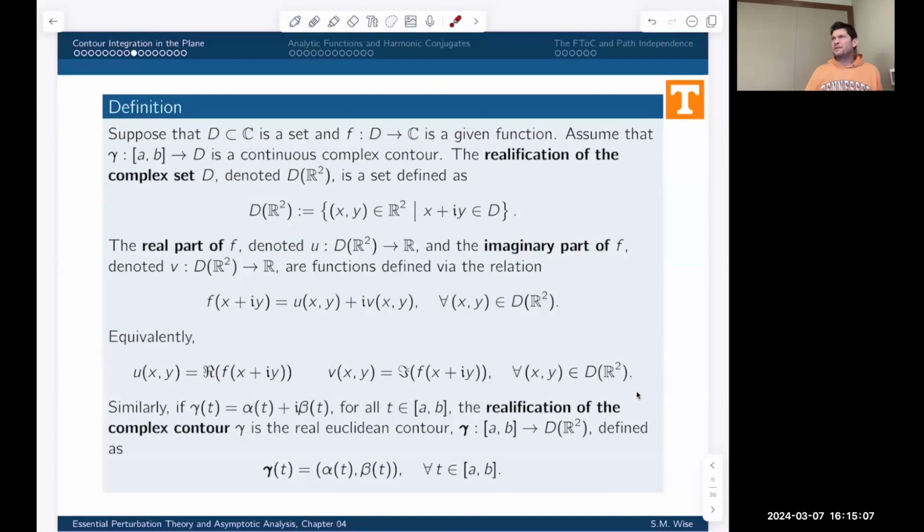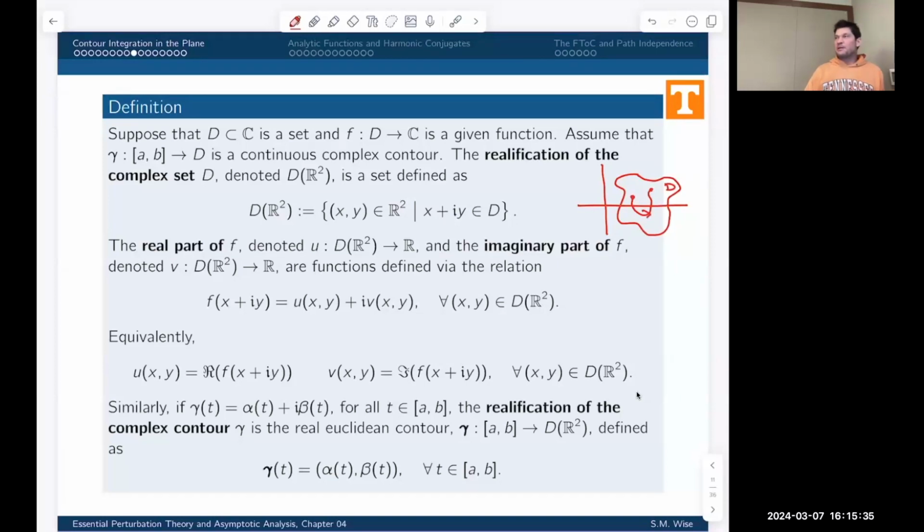Now, I get a little bit technical here, so please forgive me. Some people gloss over this sort of stuff, but I wanted to make it a little bit fancier. Suppose I have a set in the complex plane, and I'm going to call that D. And I have a curve in the complex plane called gamma.